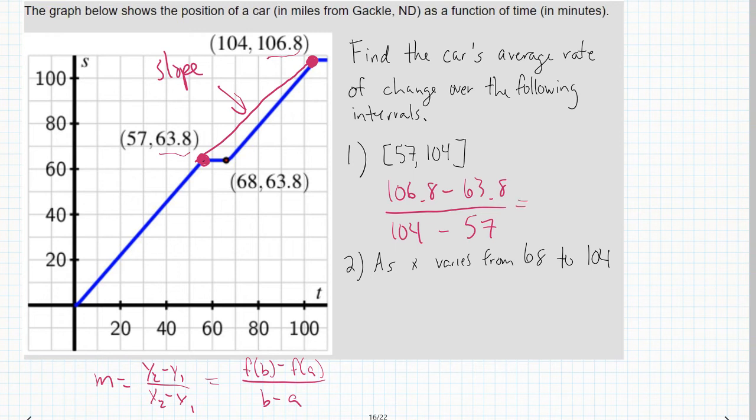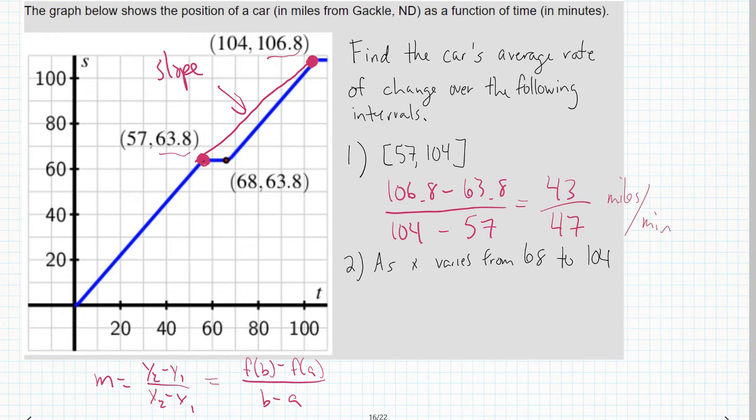What does that equal? 106.8 minus 63.8 is 43, and 104 minus 57 is 47. So 43 over 47, and this is a function of time in minutes and distance in miles, so this is miles per minute.